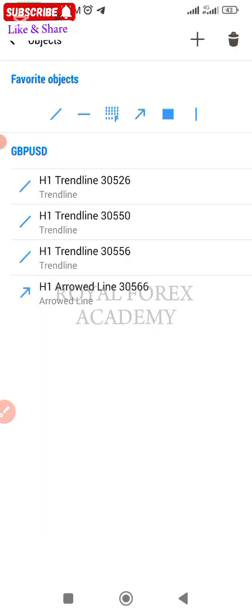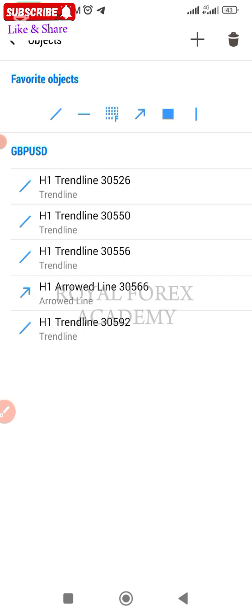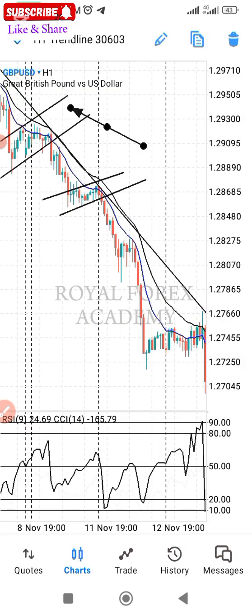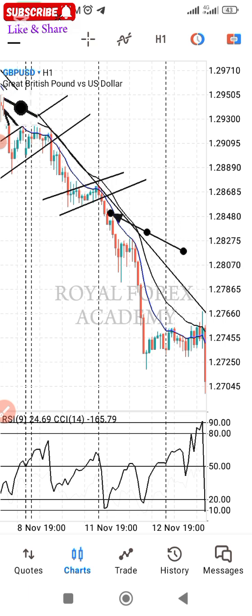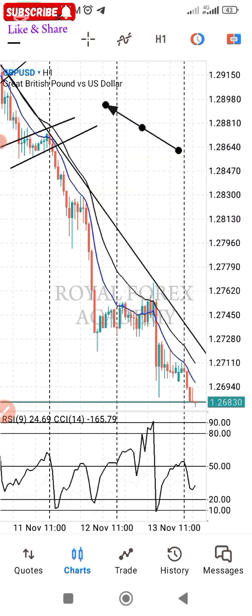Here we have another one. So this bearish flag pattern is a continuation signal. You can see this could be a minor or a major retracement.